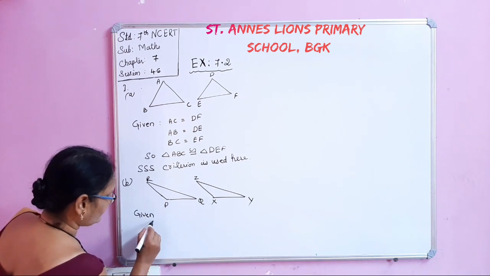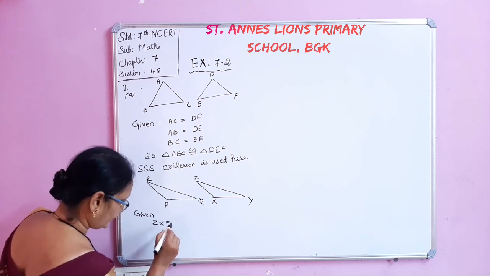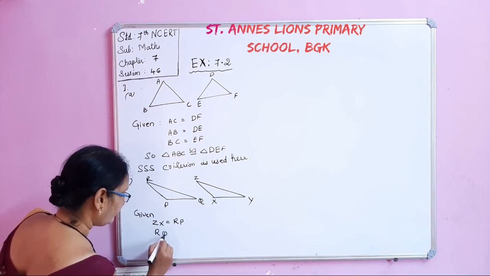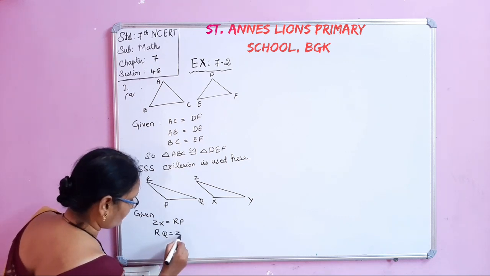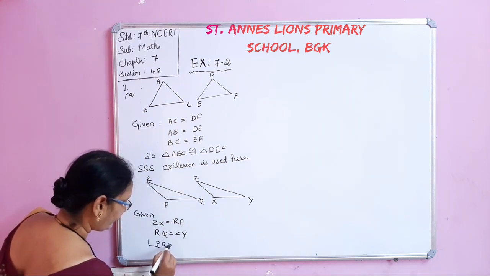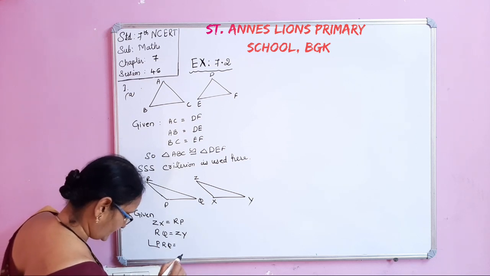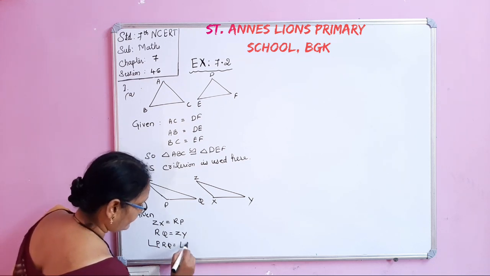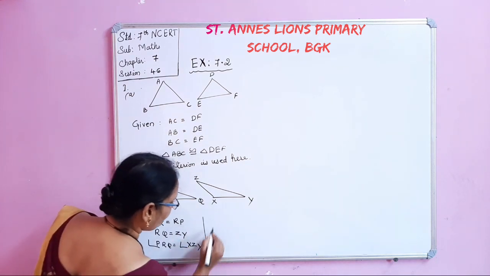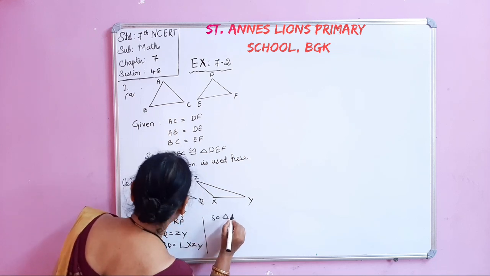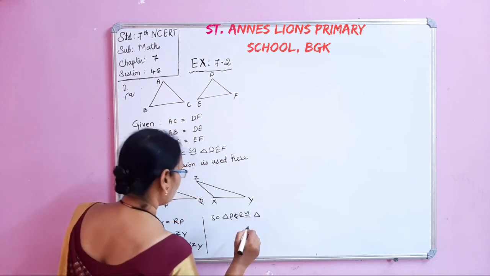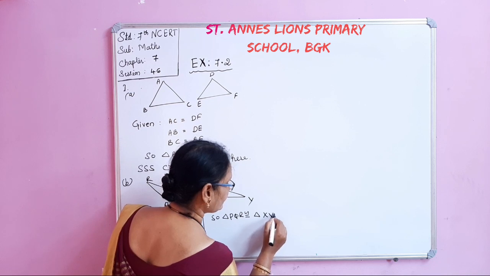Given ZX is equal to RP, RQ is equal to ZY, angle PRQ is equal to angle XZY. So triangle PQR is congruent to triangle XYZ.